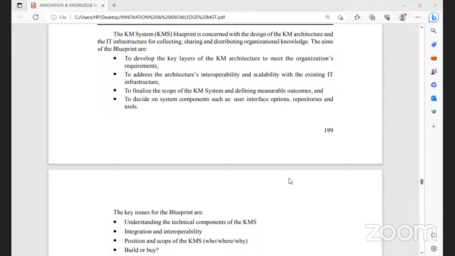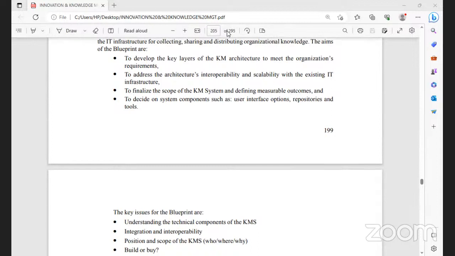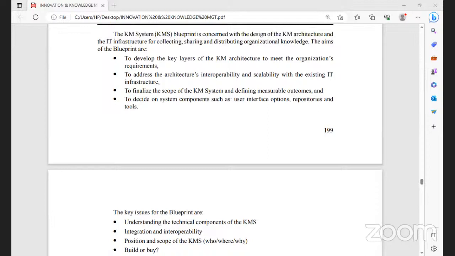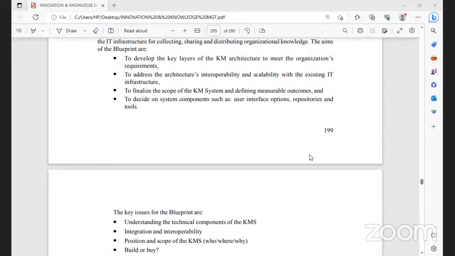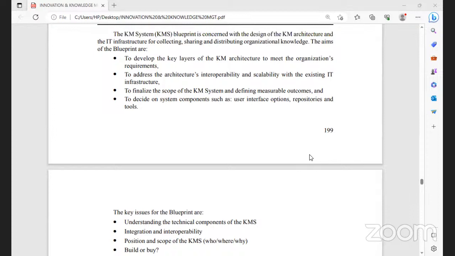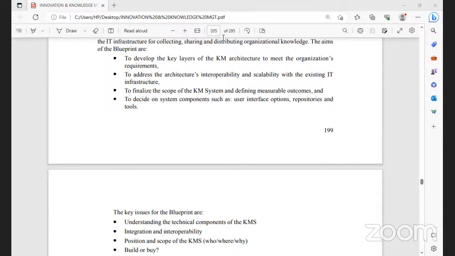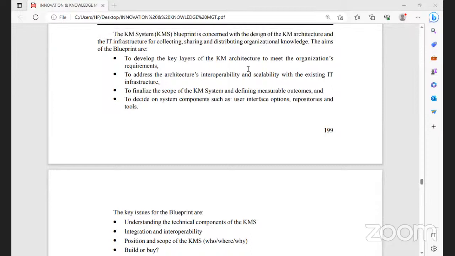The knowledge management blueprint is concerned with the design of knowledge management architecture and the IT infrastructure, to address the architecture's interoperability and scalability with the existing IT infrastructure, to finalize the scope of the knowledge management system and define measurable outcomes, and to decide the system components such as user interface options, repositories, and tools.